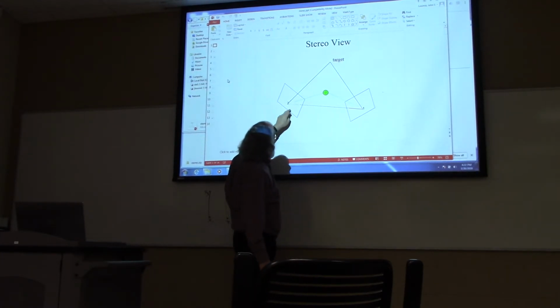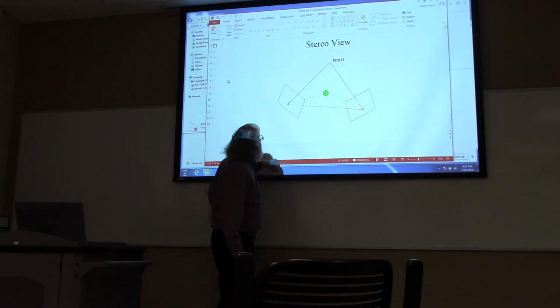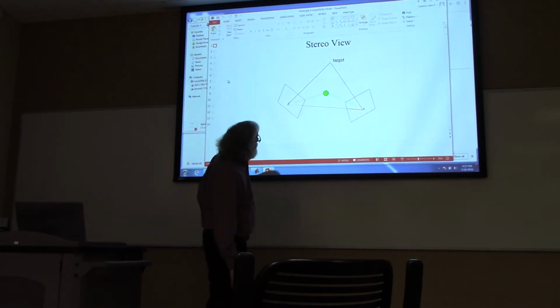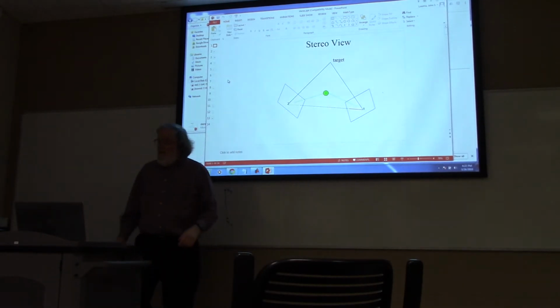And if we look at that, that hardly looks like the center of the image.